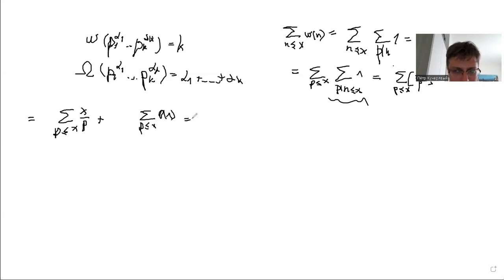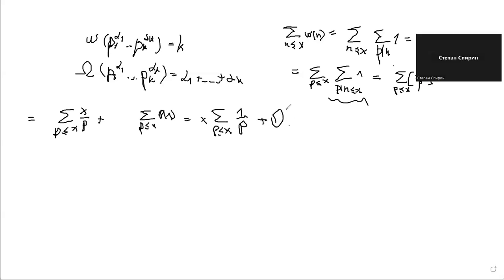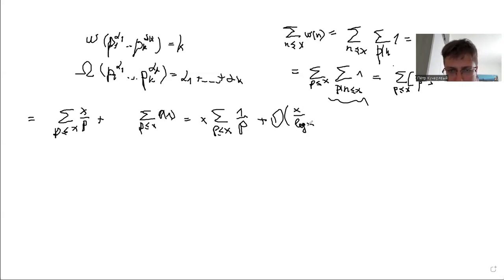And here what do we have? x times the sum over primes less than x of 1 over p, plus big O of pi of x. And pi of x is x over log x, we know it from Chebyshev estimates.